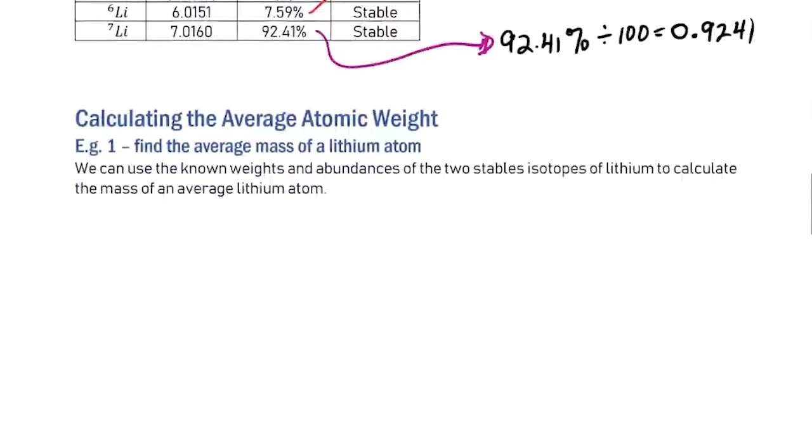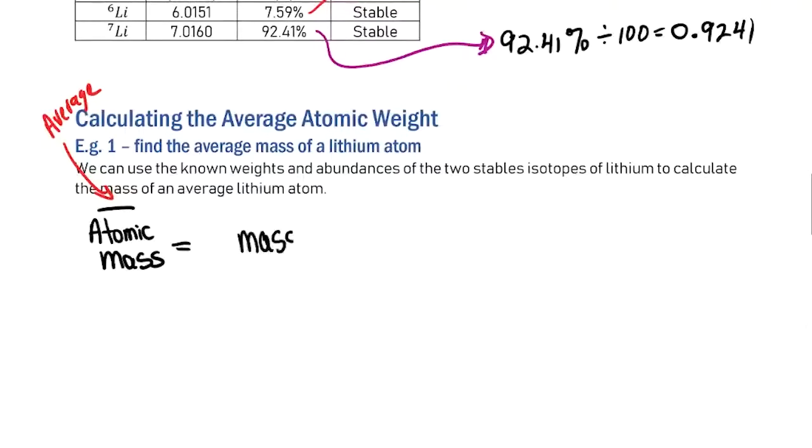So to get a weighted average, we're going to find the atomic mass average. And the way we show average in math is often with this little bar. This little bar here means average. And what we do is this. We do indeed add them all up, but we have to multiply by how common they are. So we take the mass of an isotope and we multiply by its abundance, by how common it is.